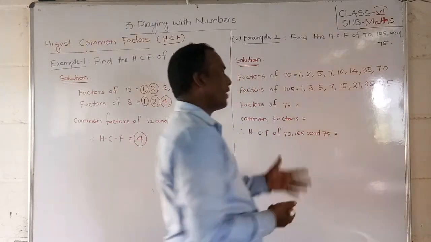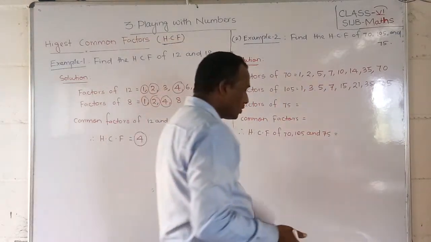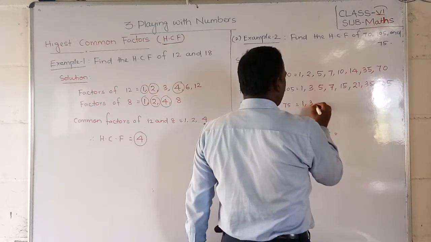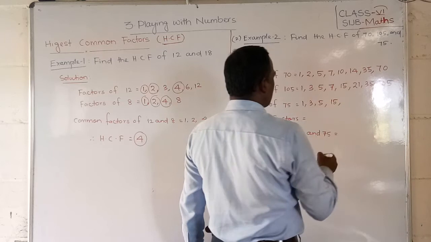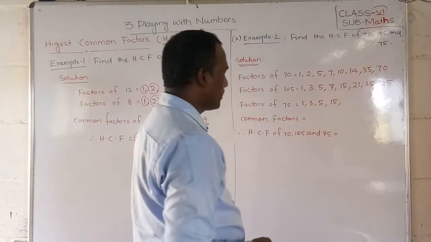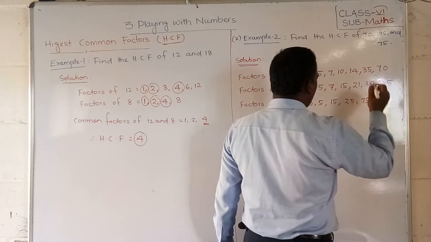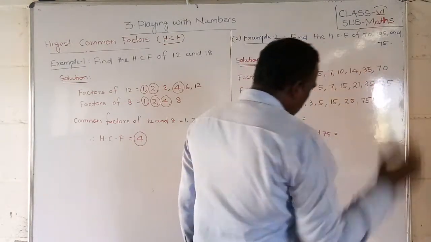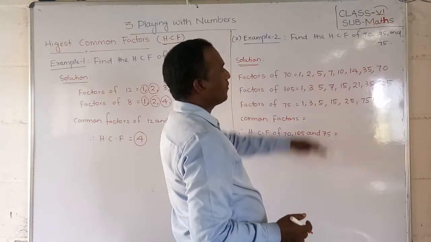You can also find these at home. Then the factors of 75: 1, 3, 5, 15, 25 and 75. Now I have written all the factors.